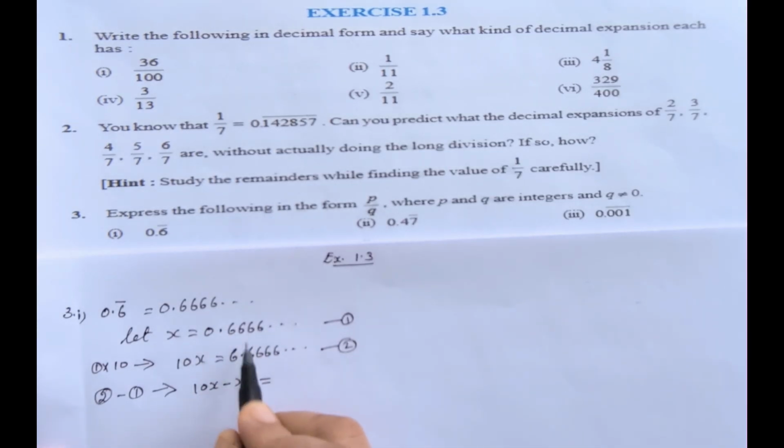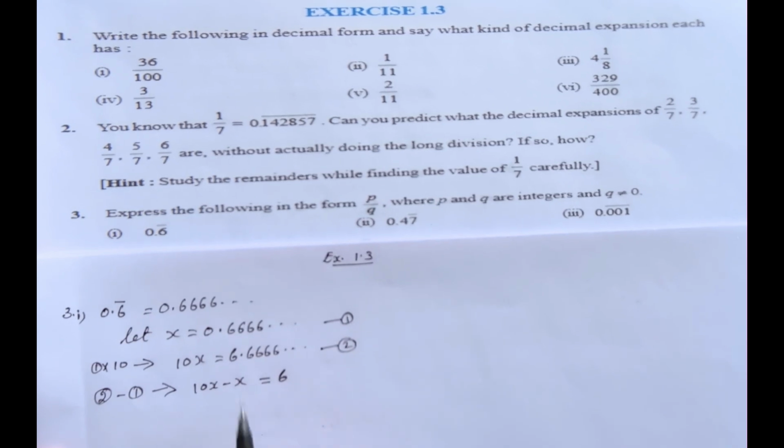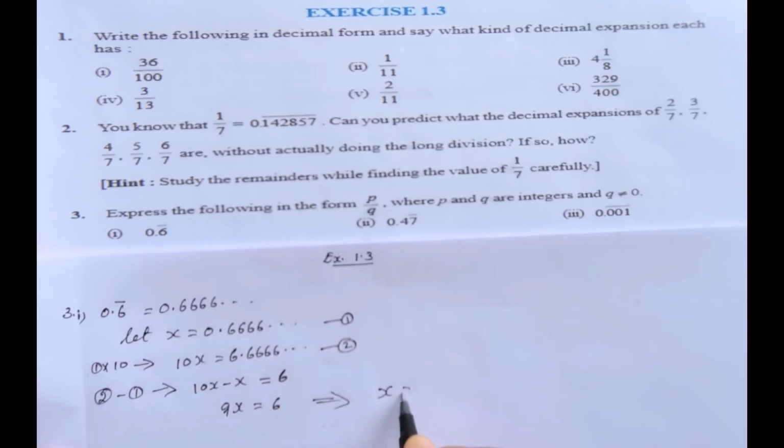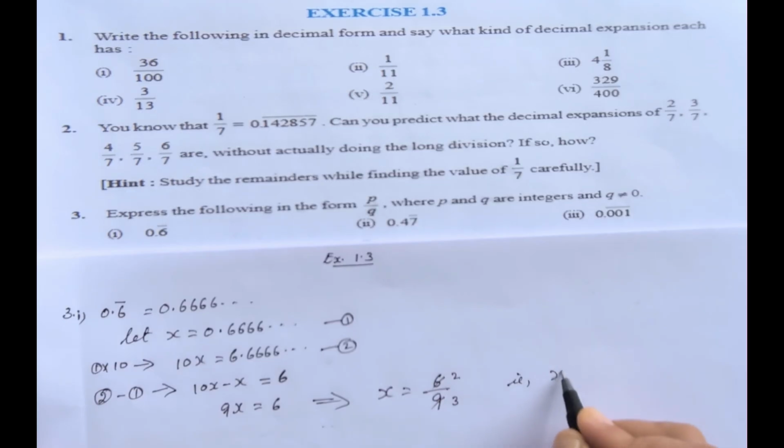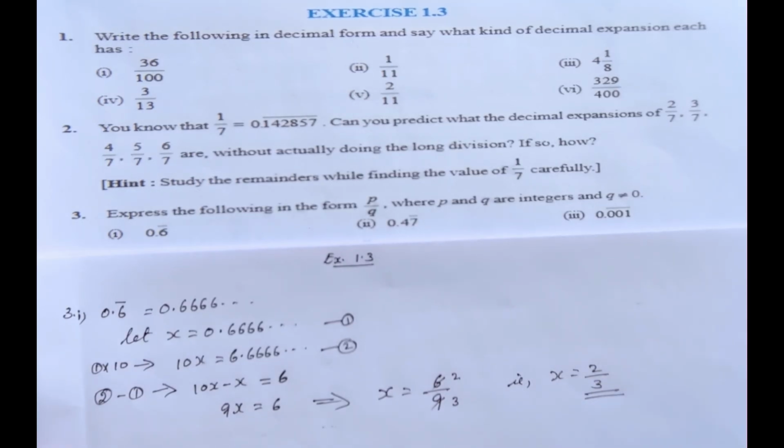Then the remaining 6 minus 0 is 6 itself. So 10x minus x means 9x, which is equal to 6. From that, x is equal to 6 by 9. Simplifying by dividing by 3, it becomes 2 by 3. That means x is equal to 2 by 3. That's the answer.